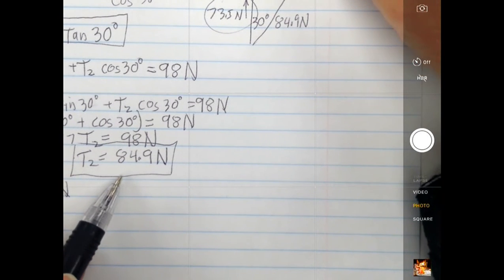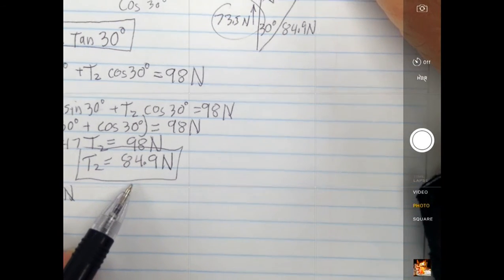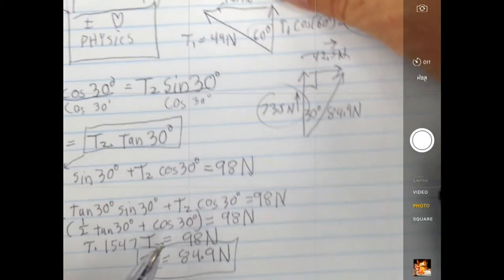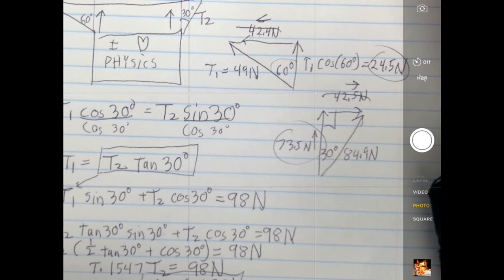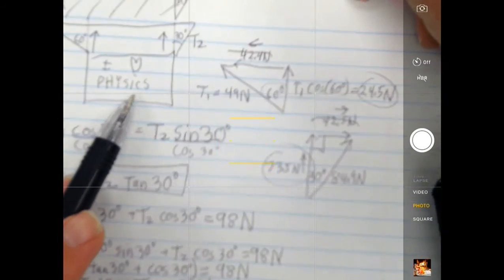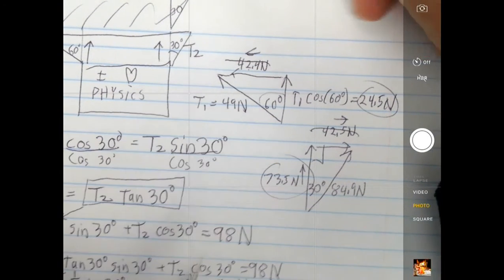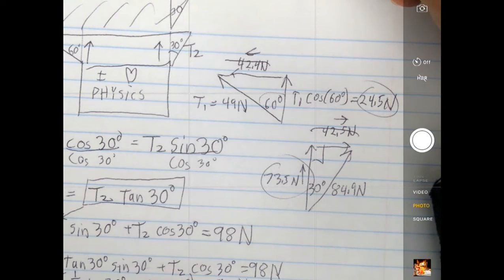Tension 2 is doing a lot more effort than tension 1 in this situation. More of the sign is being held by the right rope relative to the left rope.